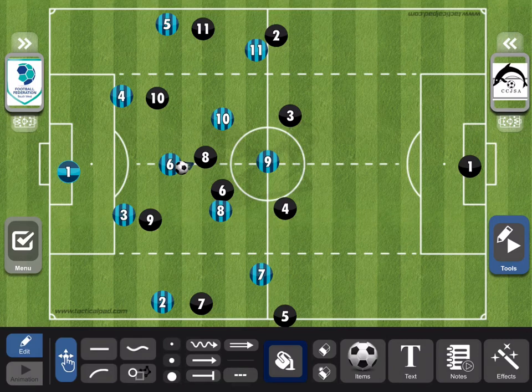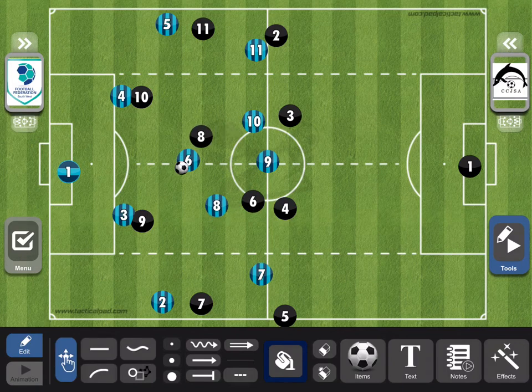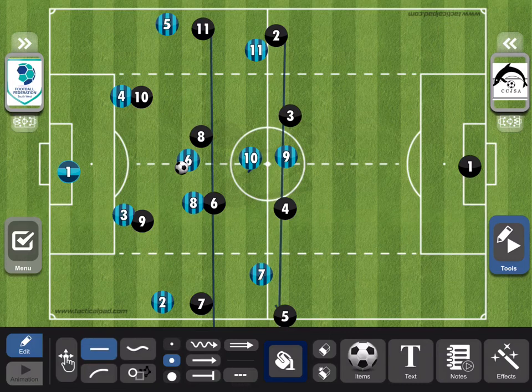Alright, so if you're playing against a 4-4-2, you'll notice that these players here can get in between the lines of their midfield and their attackers, or we can have players getting in between the lines of the defensive team, so in between their midfield and their defense.